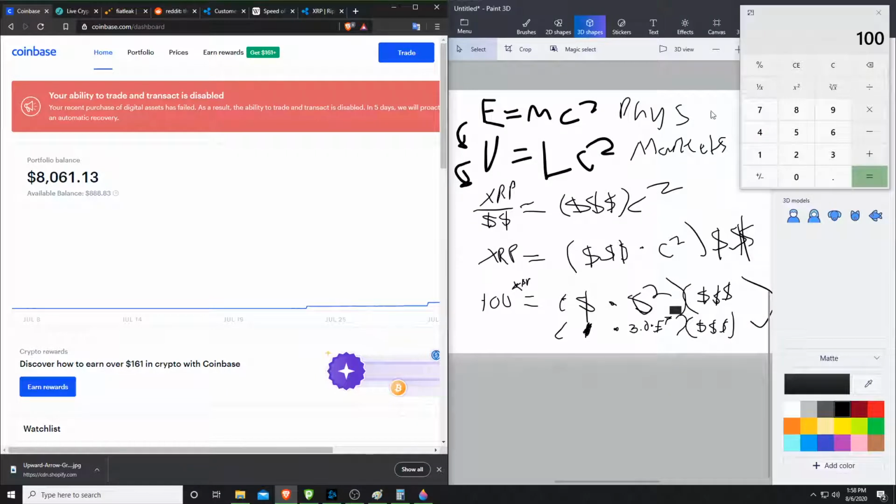So 100 XRP is equal to $31 of today's money, right? You put in $31, you will have 100 XRP.